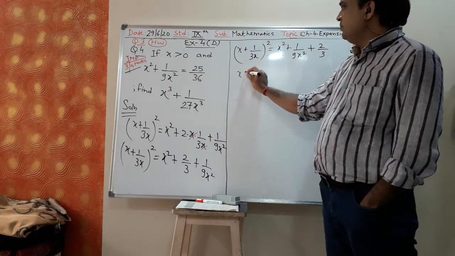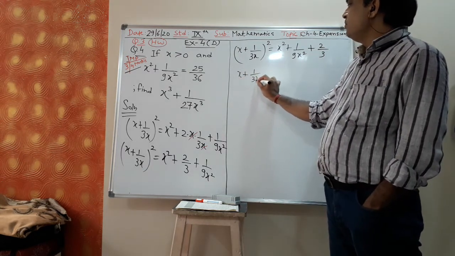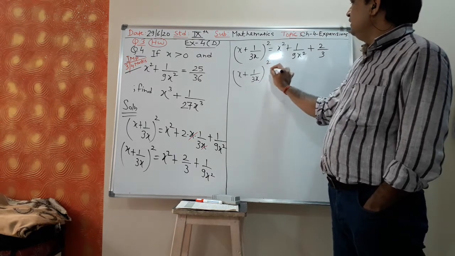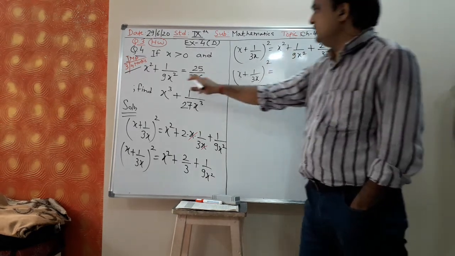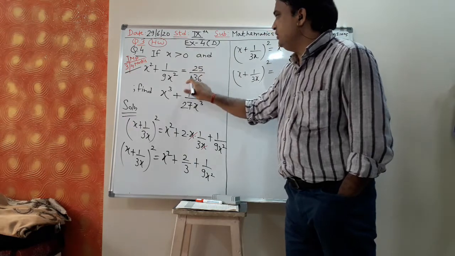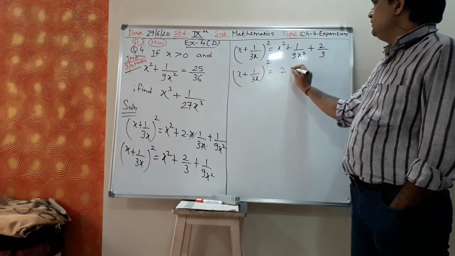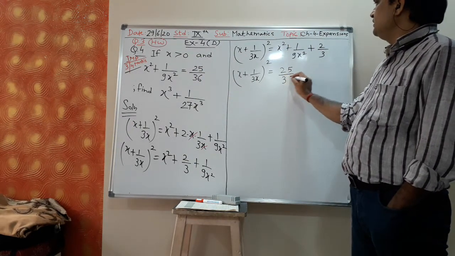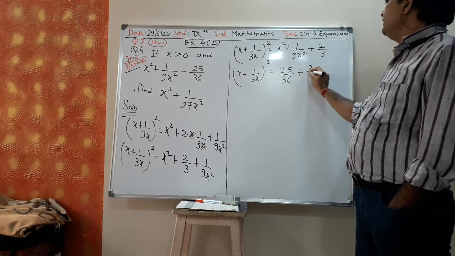So x plus 1 upon 3x whole square is equal to x square plus 1 upon 9x square, whose value is given as 25 upon 36, plus 2 by 3.